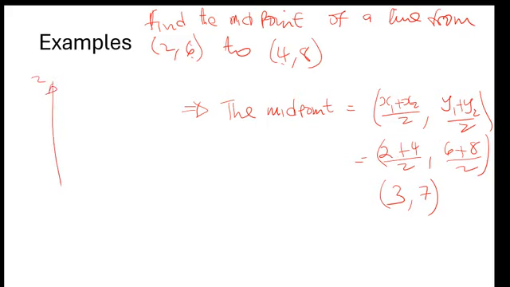How do you show it? Simple. Let's show if it's true. Okay, the first point is 2, y, let's say y, that's 6, so that's point 1, and point 2 is 4, comma 8.